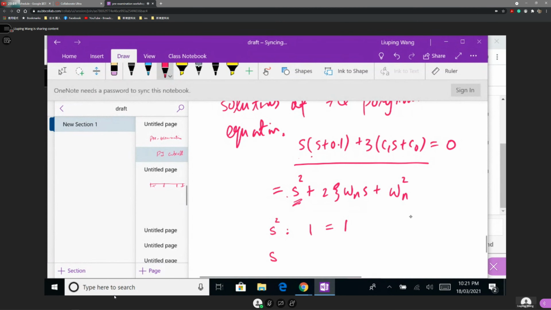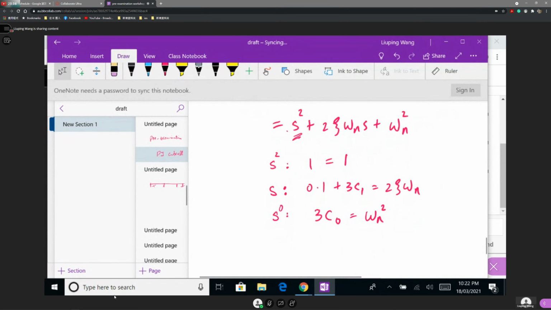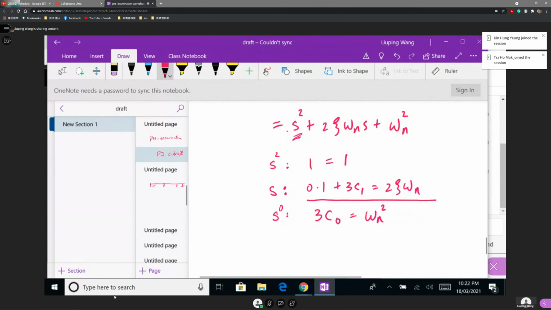Then I compare s: on the top it is 0.1 plus 3 C1, equal to 2 psi omega n. And the last bit, 3 C0 equal to omega n squared. Now I compare these, and this gives me a solution.